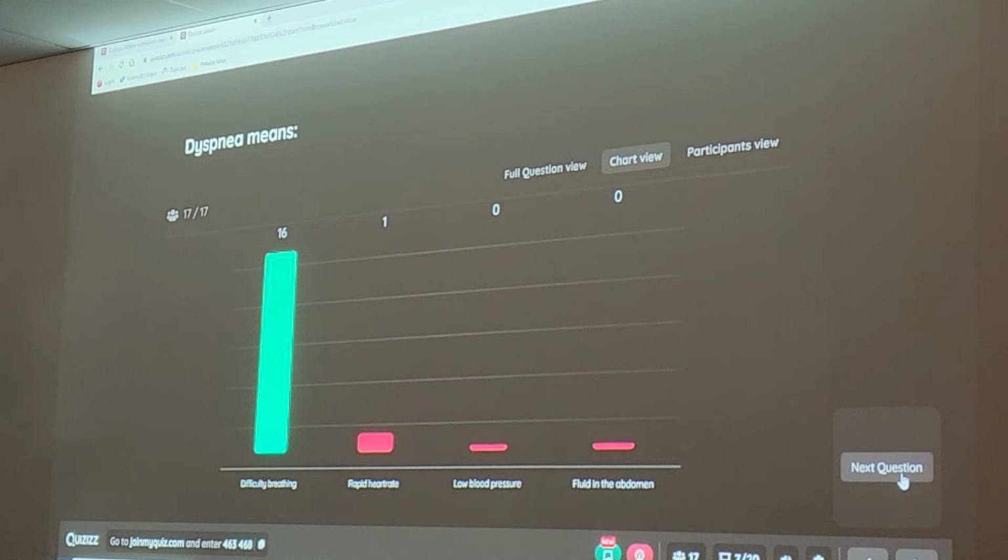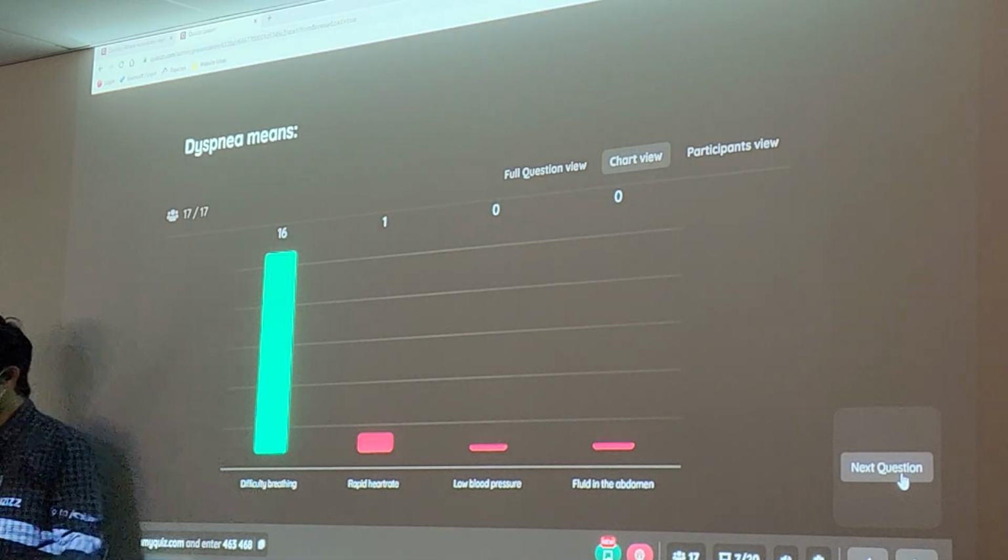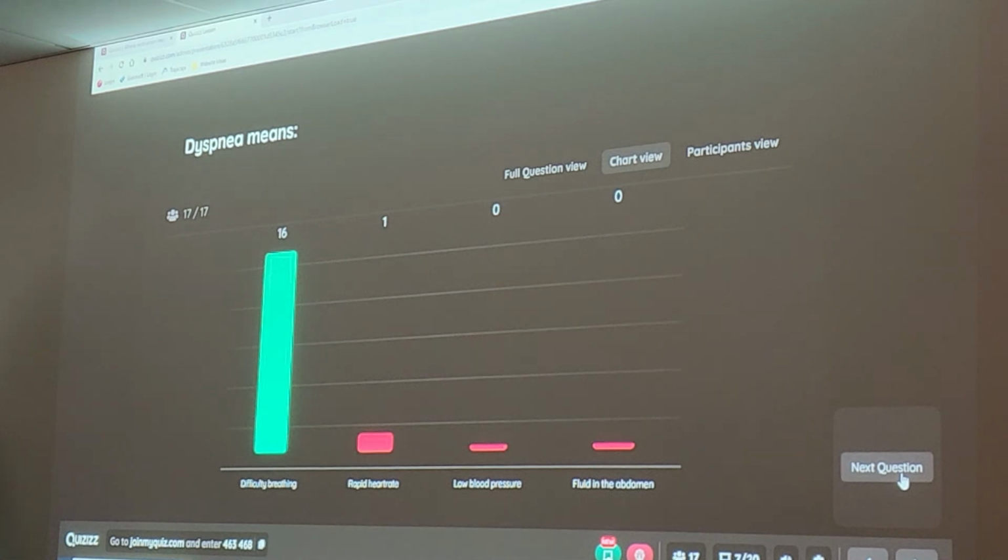So yes, dyspnea, dys meaning difficulty, pnea meaning breathing. That's P-N-E-A, right? Breathing. You also see this in pneumo, like with pneumonia, dealing with the lungs.